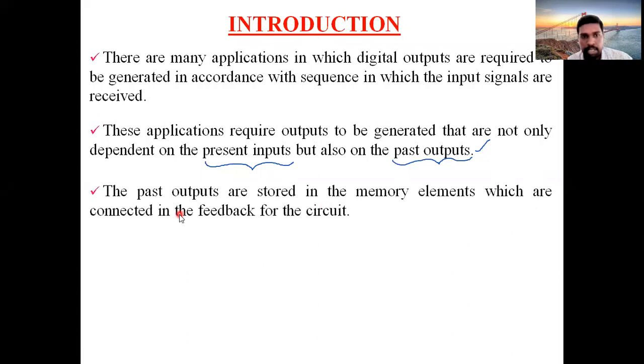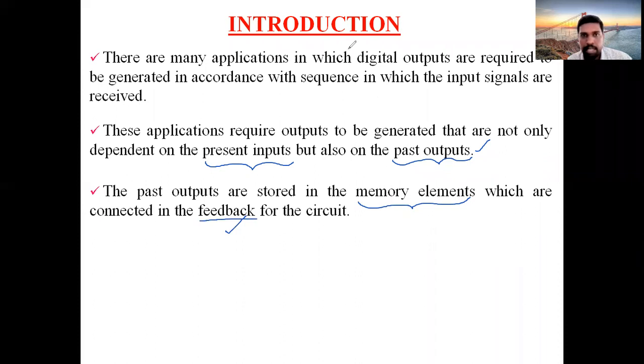Here is an important one: memory elements, which are connected as the feedback for the circuit. These memory elements are linked in the feedback line of the circuit. In this feedback line, these memory elements are connected for the sequential circuits.